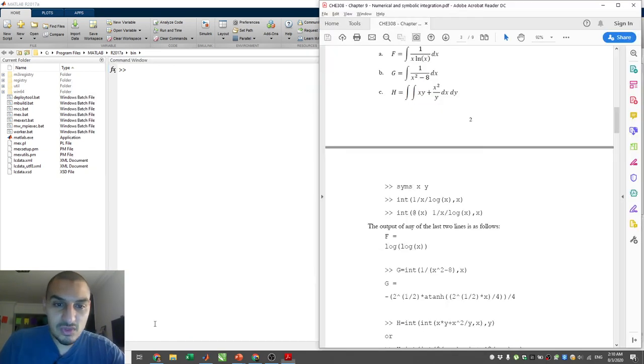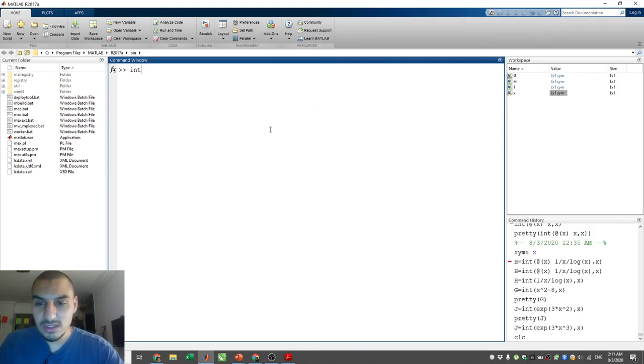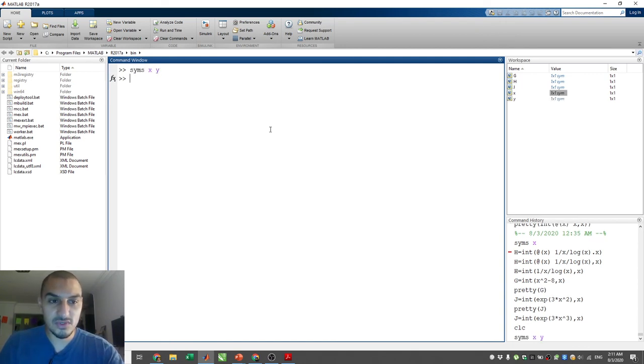Let's see one more example of double integrals, which is h, which is xy plus x power 2 divided by y. So it's going to be int. I have to define now two variables, x and y, because I have integration with respect to x and y, and I would call it m, which is going to be a double integral. So it's going to be two integrations.